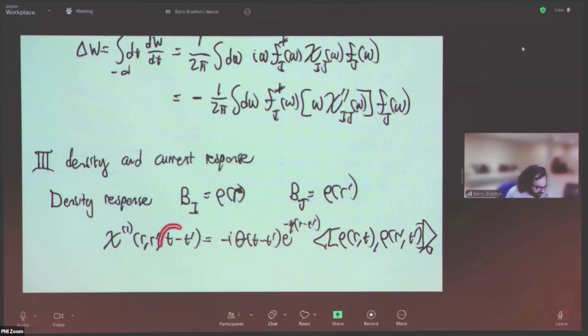And the same way we argued that time translation symmetry meant our response function is only a function of time differences, space translation symmetry tells us, with discrete translation symmetry, that this function can only depend on r minus r prime modulo some lattice vectors.